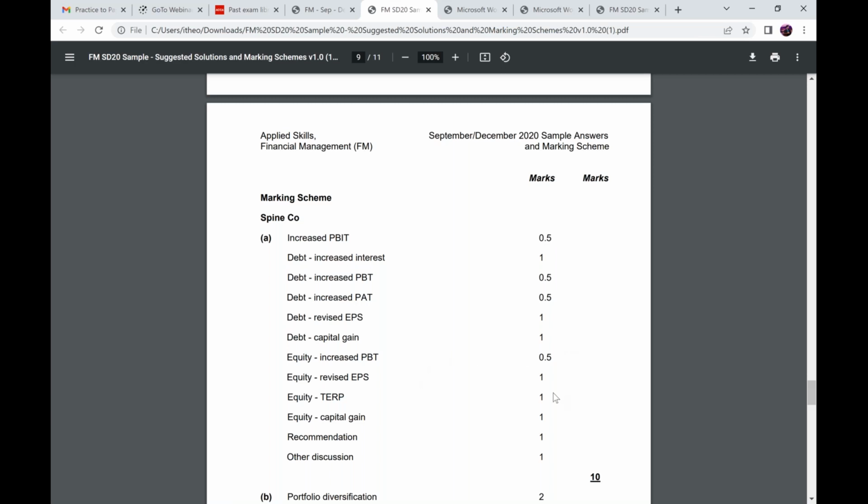Increased PBT, revised EPS. It has calculated TERP as well. Instead of TERP, we calculated the interest cover. Then again, share price. Recommendation discussion, just 2 marks. But after the publishing of answers you know this; in the examination hall, when you are attempting the question, you don't know this. So people will try to prolong their answers. Don't do this, okay?